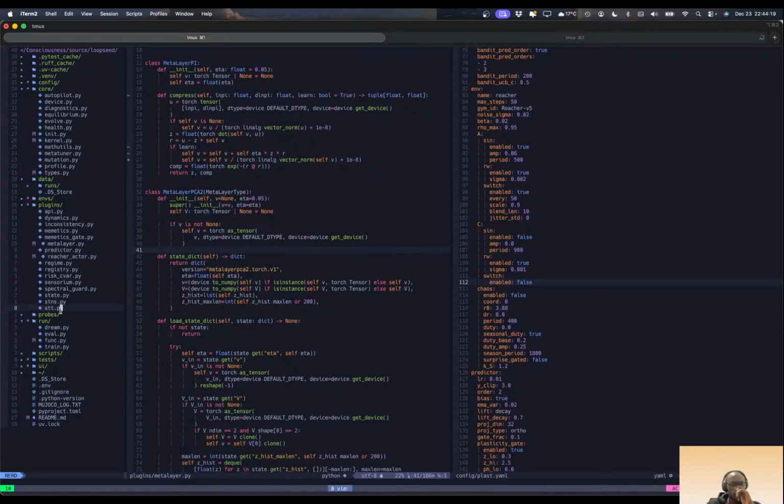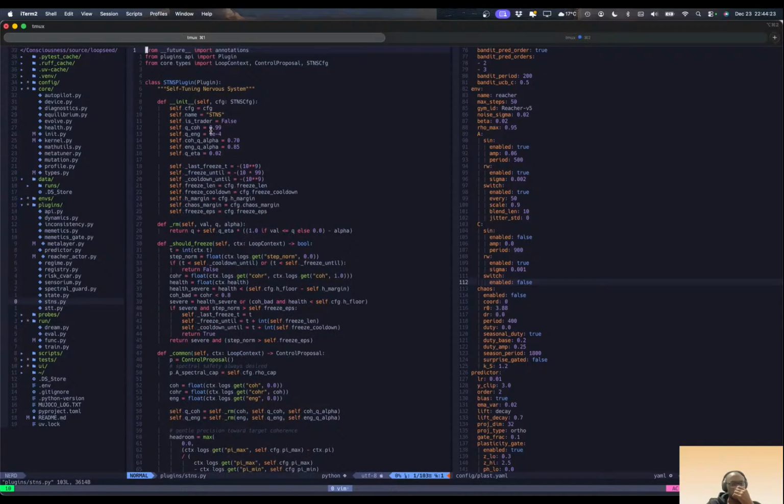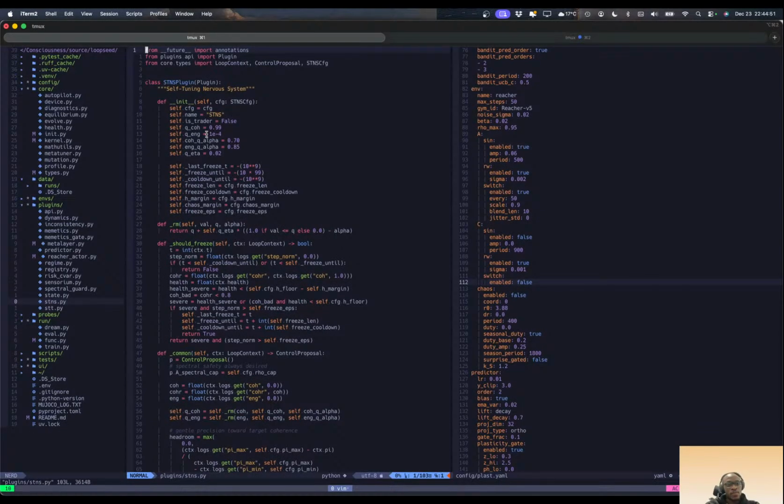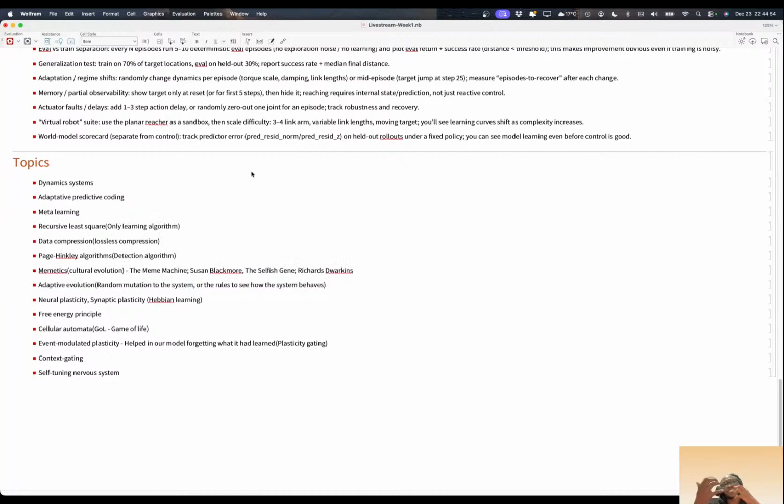Oh, so this thing called self-tuning nervous system, I think it's just a fancy name, but self-tuning nervous system is what we currently have going on here. It's a plugin we put into the system, and then it does self-tuning.